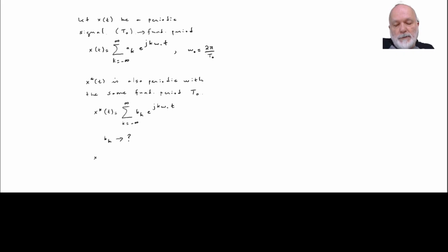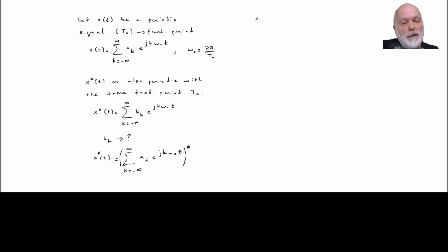So we can start with the complex conjugate of x of t by evaluating the complex conjugate of the Fourier series representation, ak e to j k omega 0 t. Okay, we take the conjugate of this Fourier series representation. Now, the complex conjugation operation can be performed term by term.